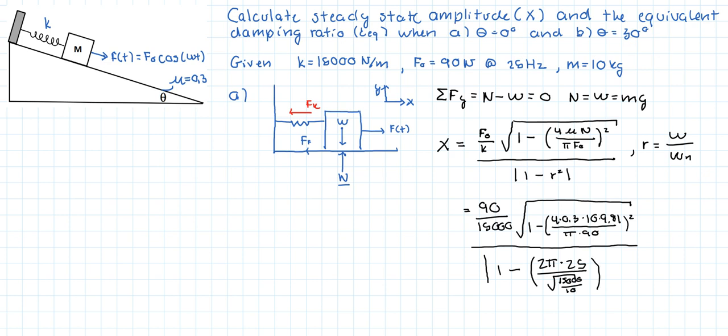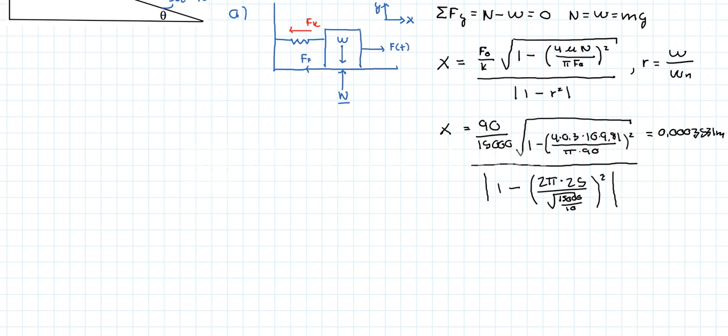That's the expression for the natural frequency. And what we're going to find is that the steady state amplitude is equal to 0.0003531 meters. That's the first part of our answer.